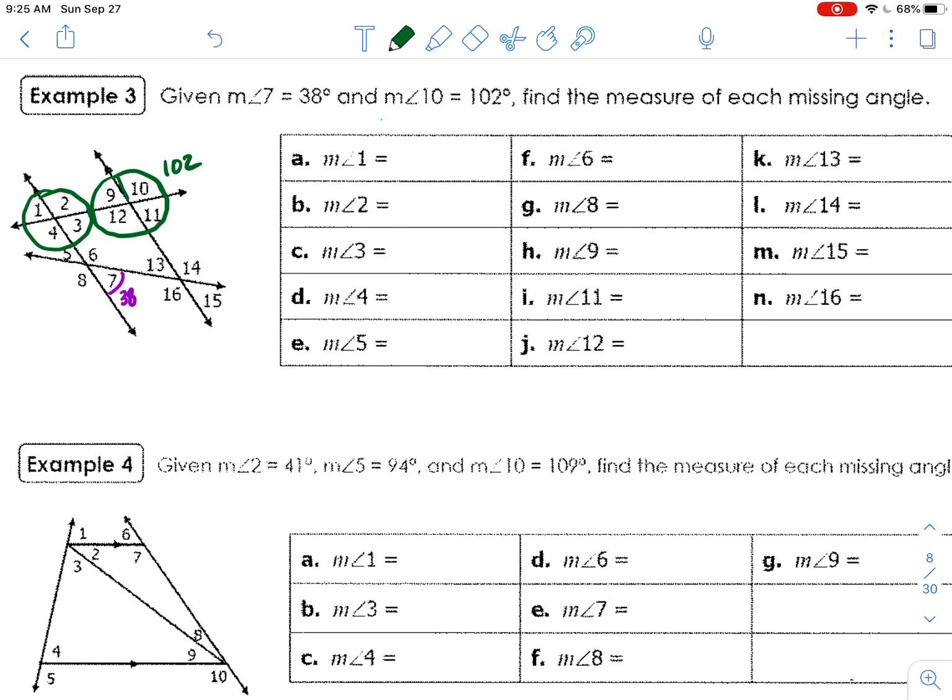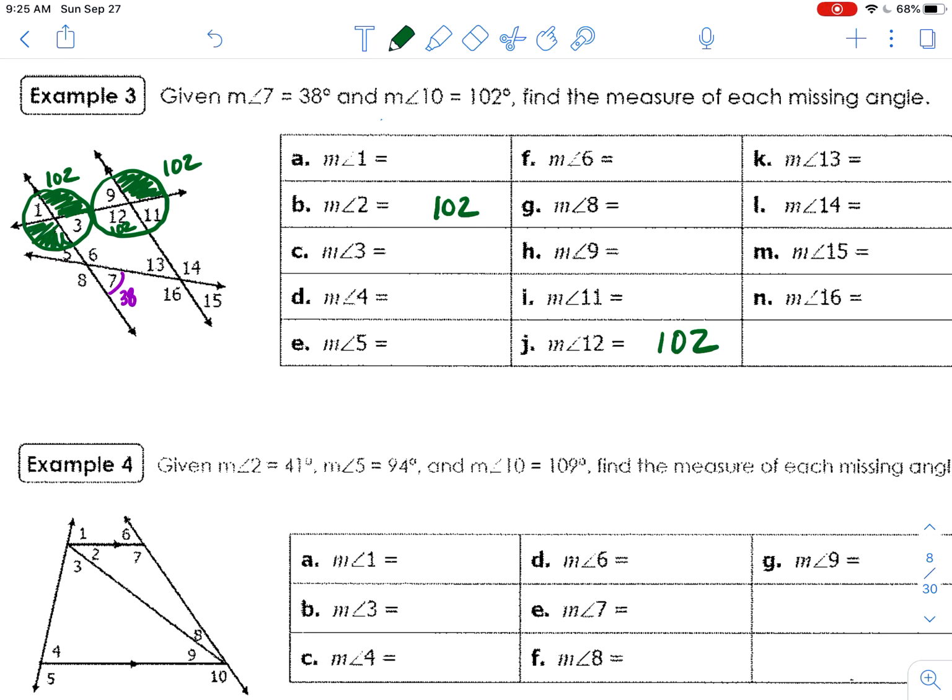All right, so angle 10 and angle 12 are both going to be 102 because 12 is vertical from angle 10. So I'm going to say that angle 12 is 102. And angle 10 and angle 2 are in the same position. These are corresponding.